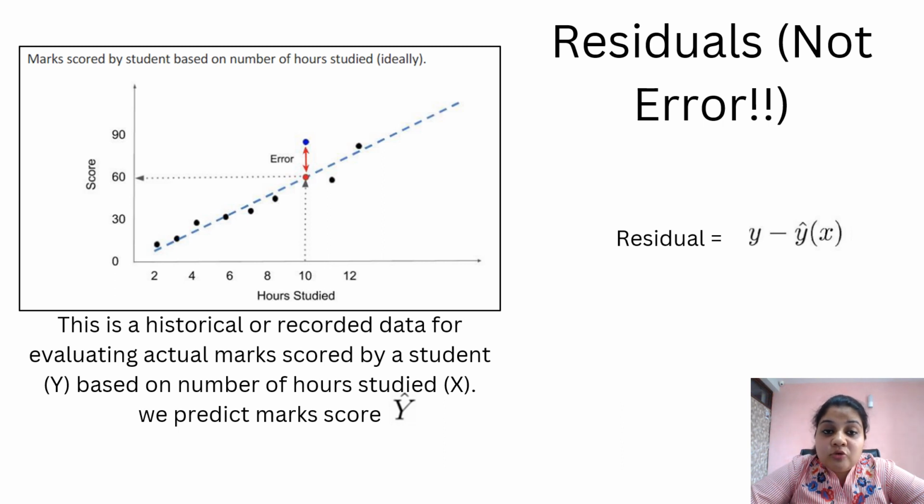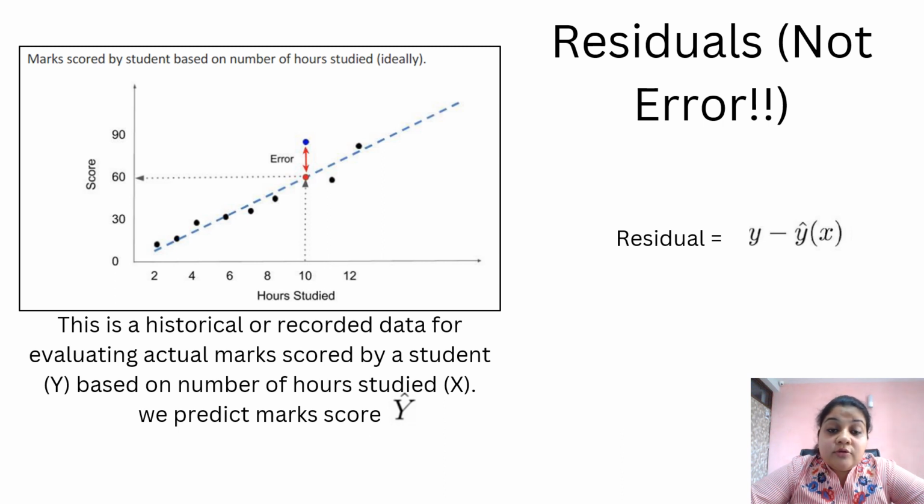But once we know the actual marks obtained by the student for the current year, we find the difference between the actual marks and the predicted marks for the current year, and that difference is called an error.